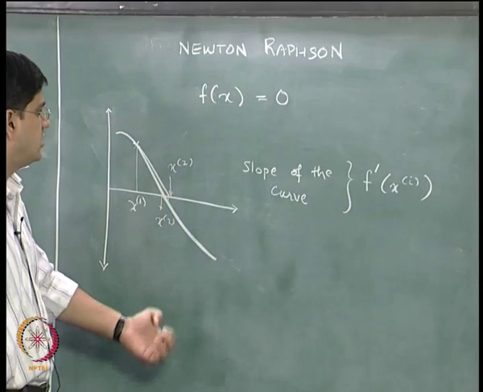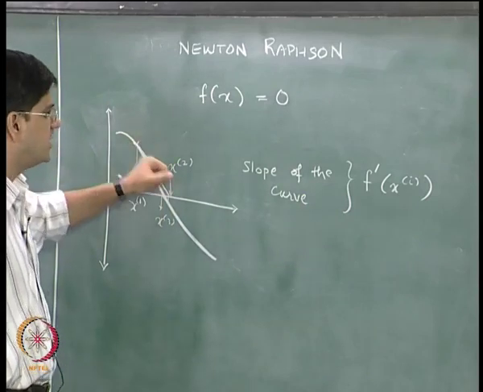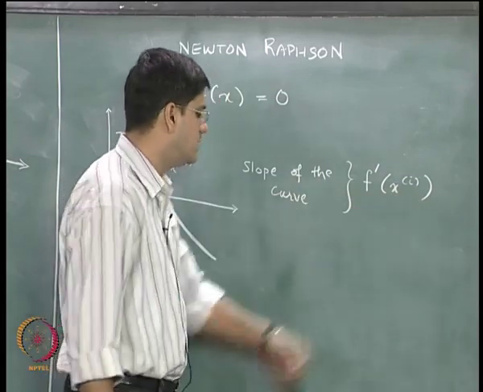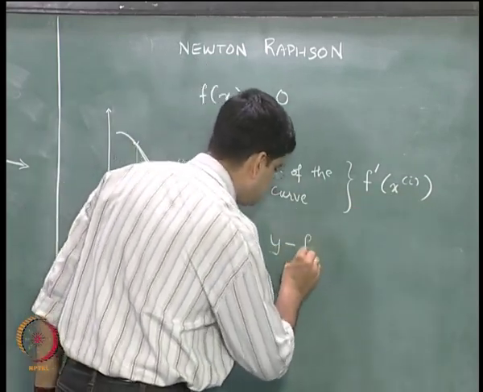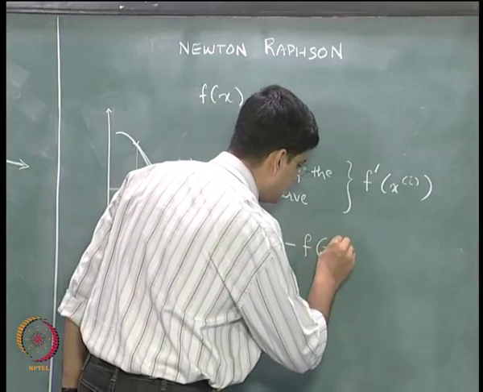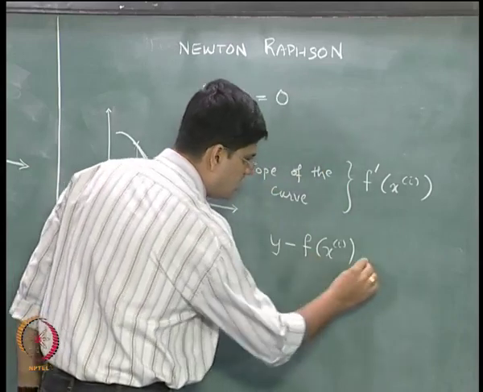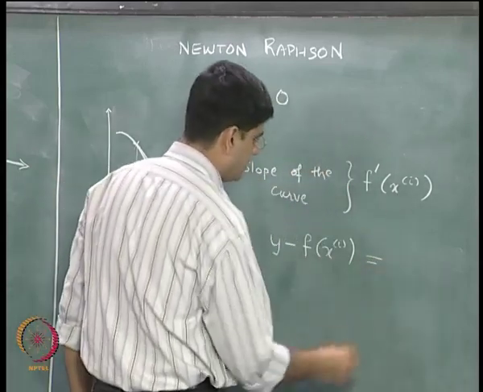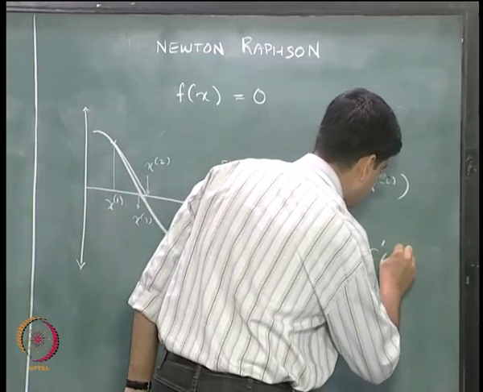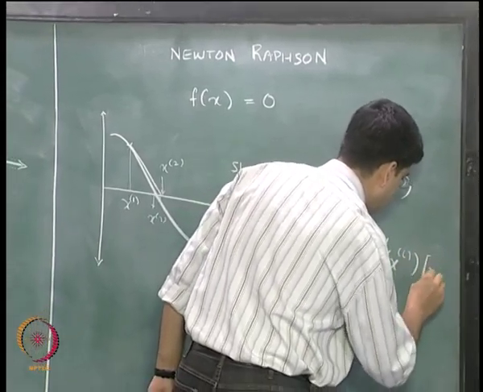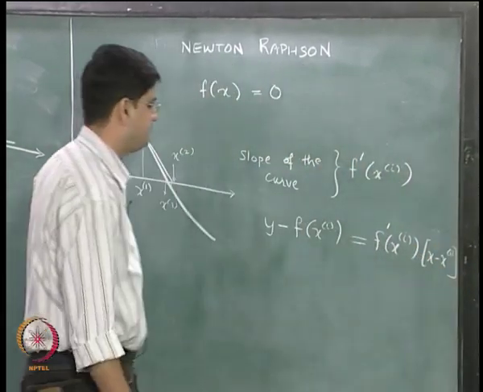The line that passes through that particular point with this slope is y minus f of xi equal to f dash of xi multiplied by x minus xi.